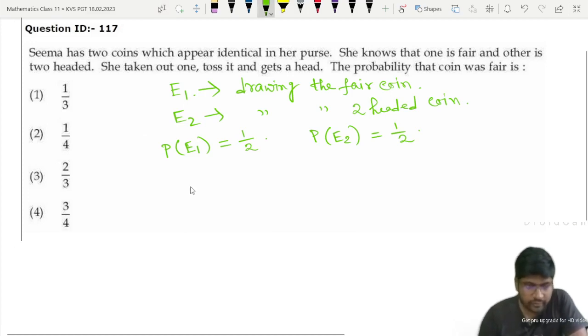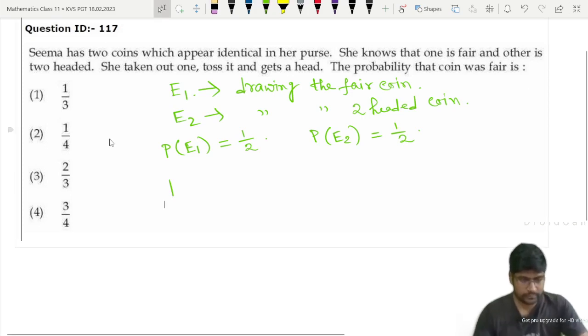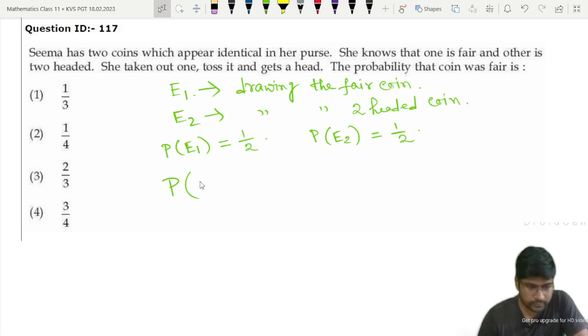Let us see the probability of getting head given E1. So you are drawing the fair coin, and what is the probability of getting a head? That is equal to 1 by 2.